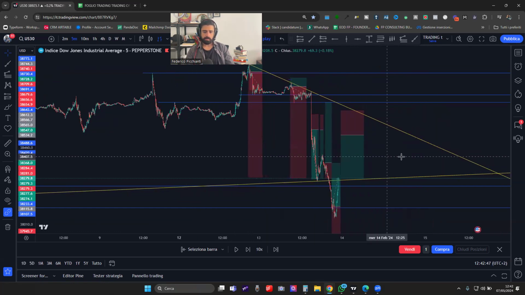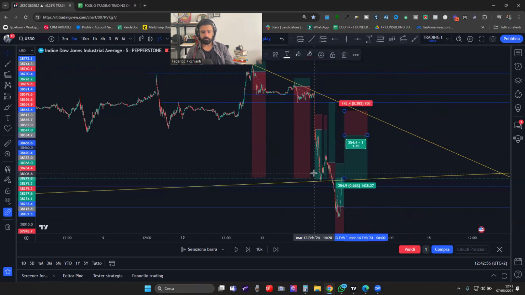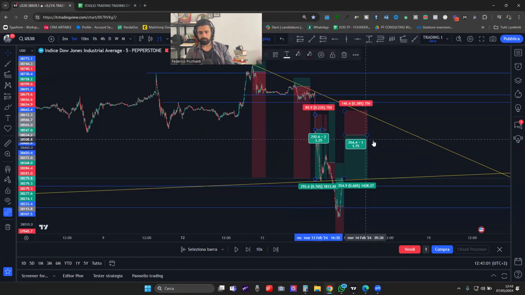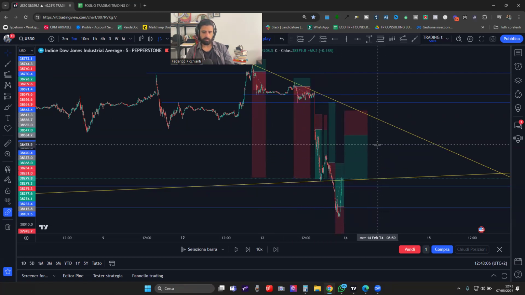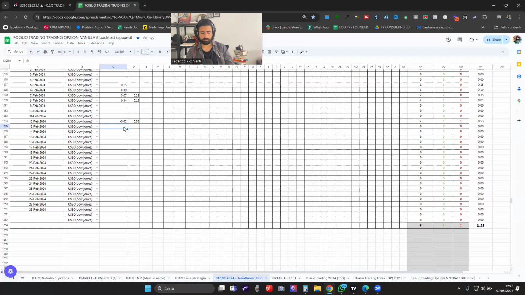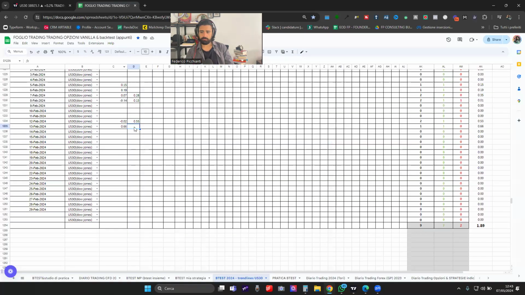Shall we? So since I'm more on the long side and I will be waiting for it to go long, I could close this one on a take profit, close this one on a take profit, close this one on a take profit. But because I've got 1, 2, 3, 4 positions long, let's try to just take the profits here. So we're going to take a 0.66 profit. We're going to take a 0.76 profit.